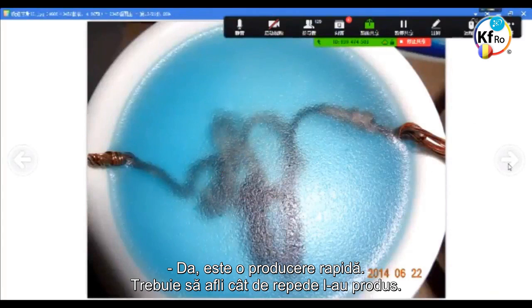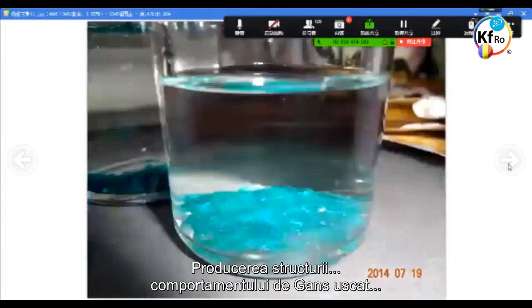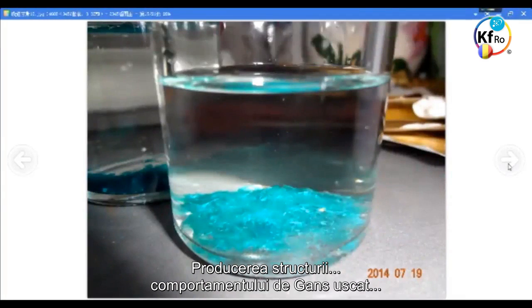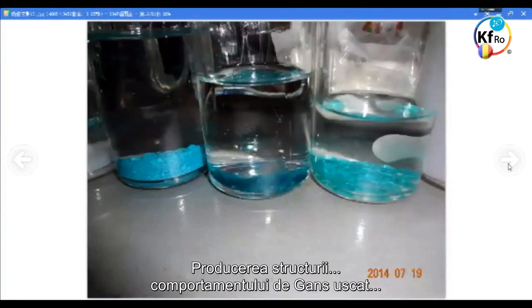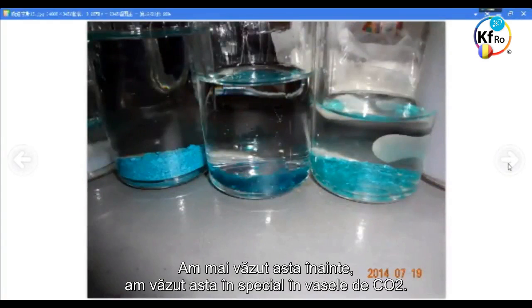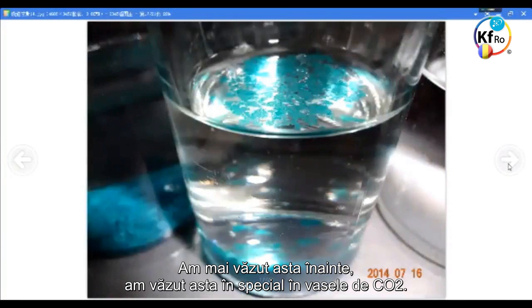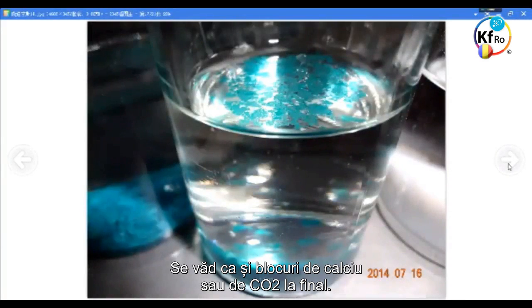The production of a structured, dry Gans behavior, I've seen this before. We see this especially in CO2 containers. You see calcium blocks or CO2 blocks at the end.